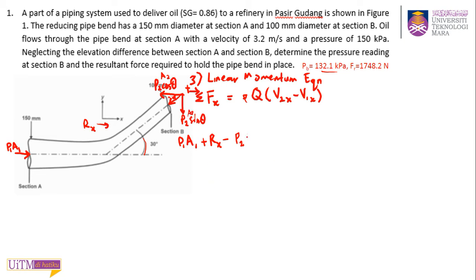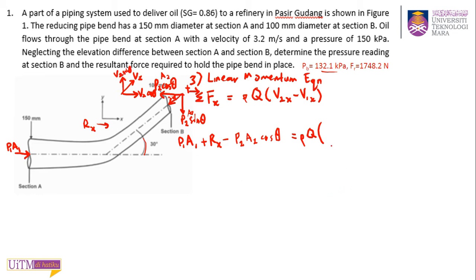Okay, P2A2 cos theta. So this will equal to rho Q and V2X. Okay, you have the V2 out. So you have your V2 out, and this is V2, and in X direction, so this is V2 cos theta, and in Y, V2 sin theta.